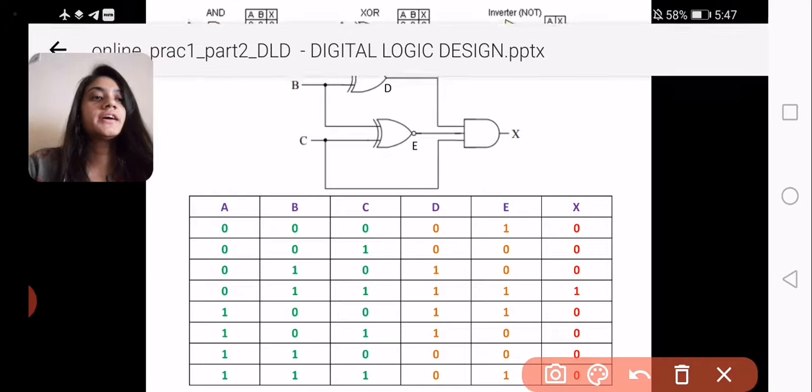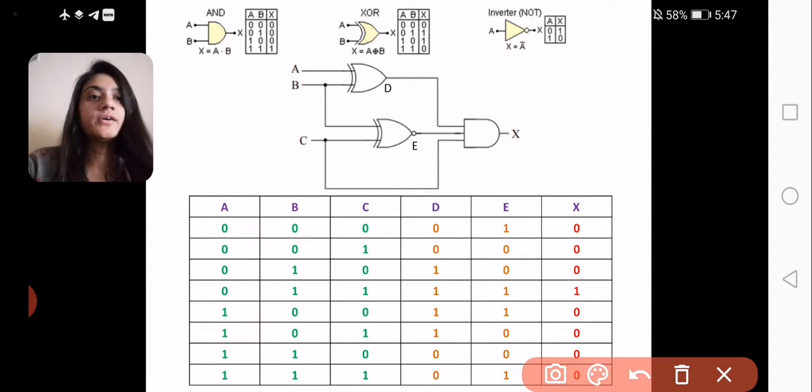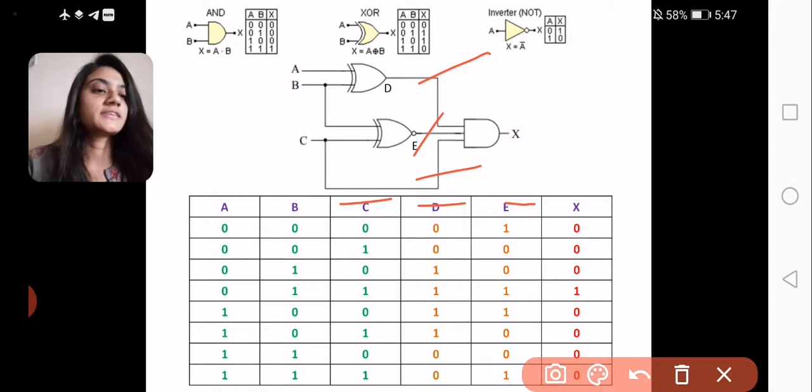See in the figure, X is the AND combination of D, E and C. So here C, D and E, these three bits will get multiplied, or you can say it is the AND operation, and you will find X. So let us start with the first combination. First combination is 0 0 1. Multiplication with 0 will give 0 answer. So first answer will be 0.